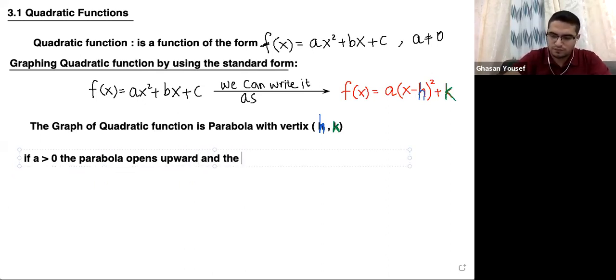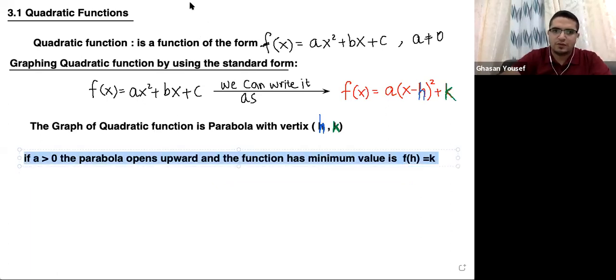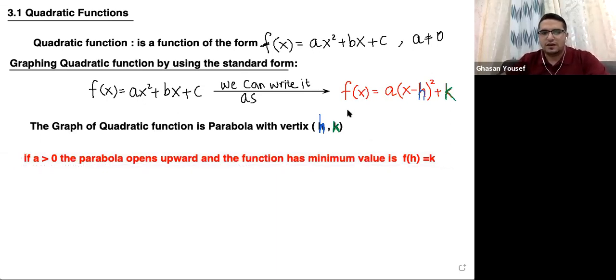And the function also has a minimum value, f of h equal k. So if this a is a positive number, the graph of the function is a parabola opening upward, and at the same time the function has a minimum value f of h equal k.